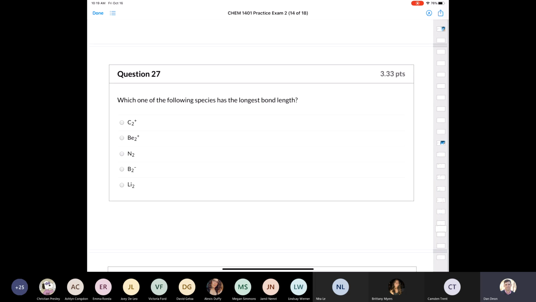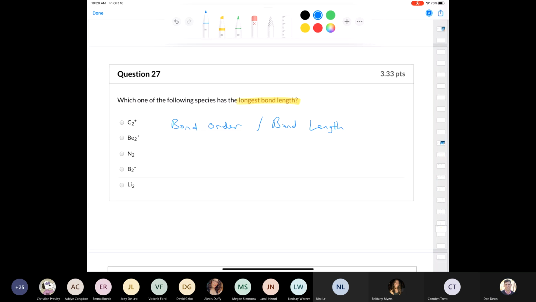The question simply asks us, which one of the following species has the longest bond length? Now, who could tell me what the relationship is between bond order and bond length? If I have a long bond length, am I going to have a low bond order or a high bond order? The lowest or the highest bond order?